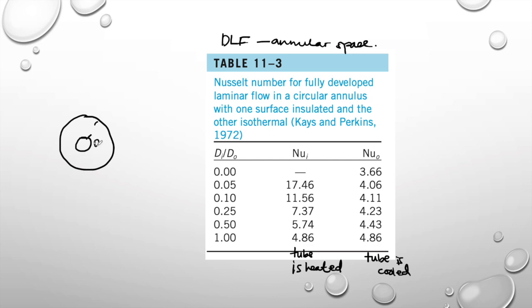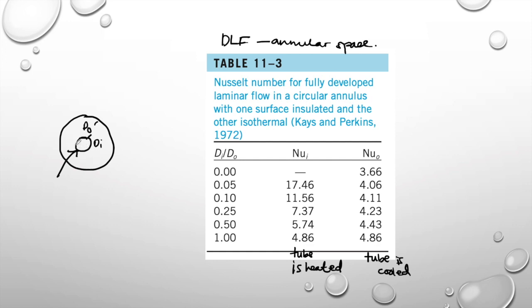You will find the value of this ratio di over do, and if the tube is heated, you will refer to this tube. The outside is the shell and this is the tube.